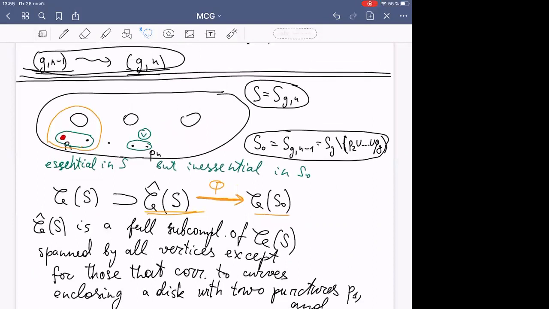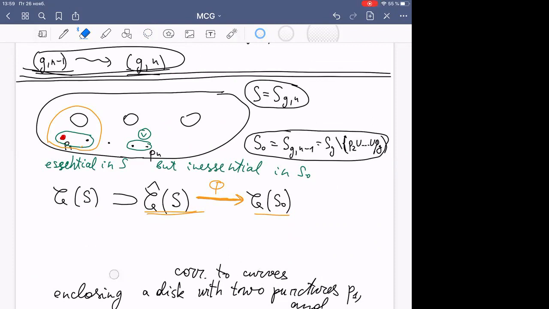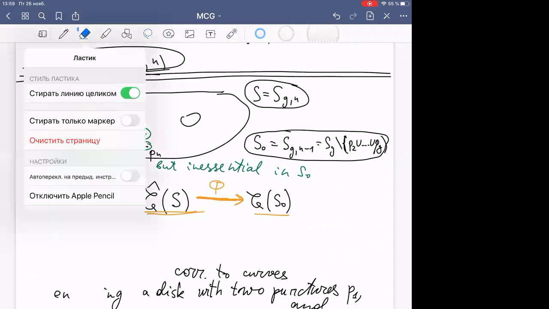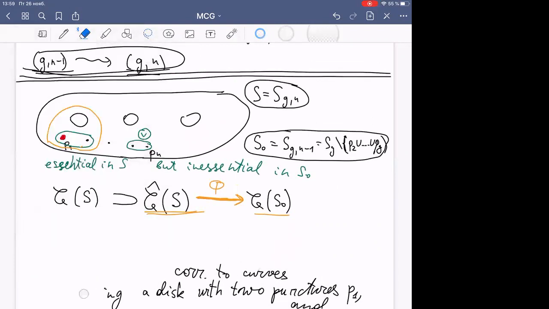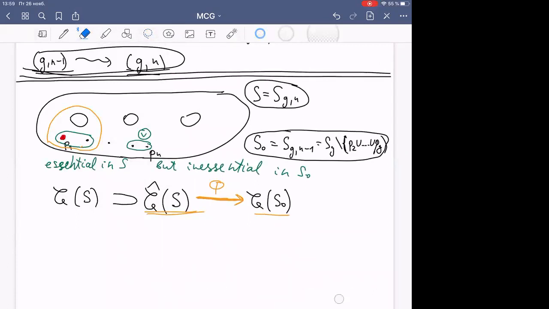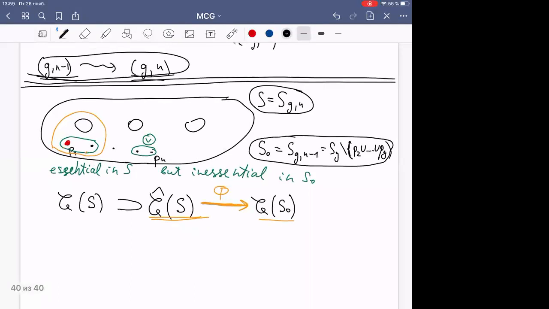When we pass from the surface of n punctures to a surface with n-1 punctures of the same genus, then we have already proved, but with a mistake, but still, that this is a homotopy equivalence.